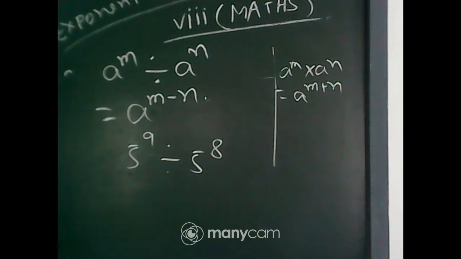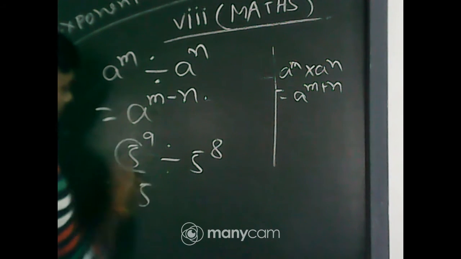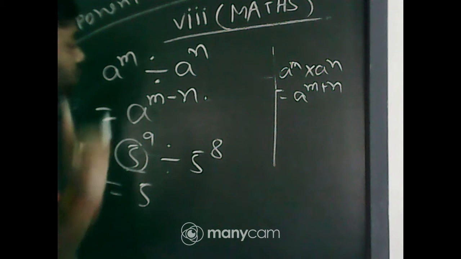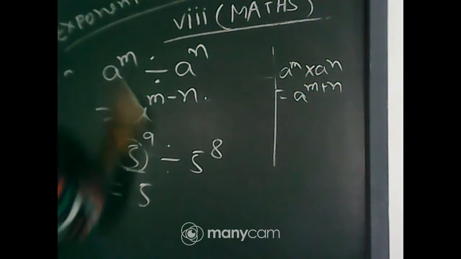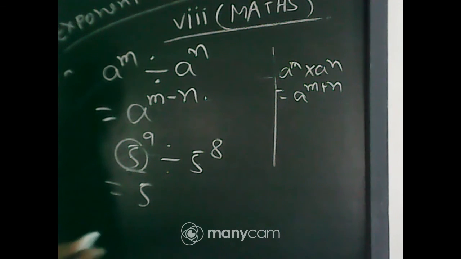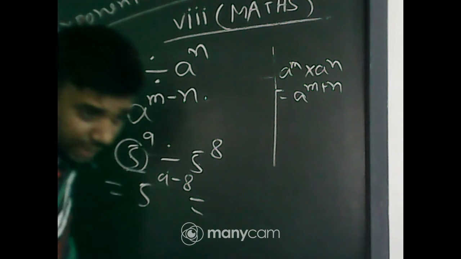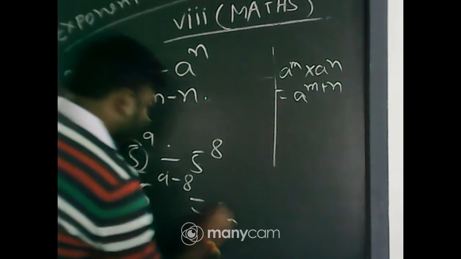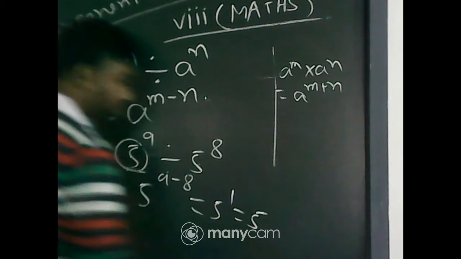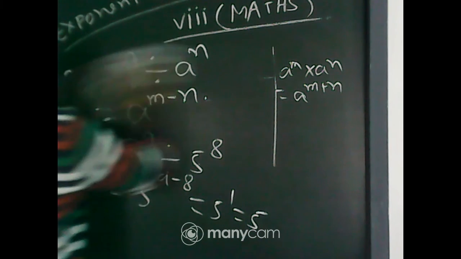The bases are the same, 5 and 5, so just notice that only the bases should be the same; the powers may or may not be. So 9 minus 8, that is 5 to the power 1, equal to 5. Got it, everyone? So that is division.